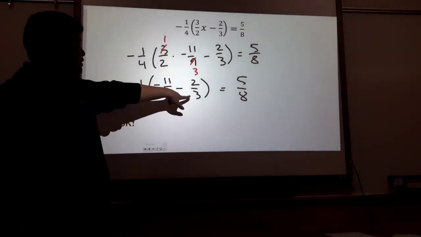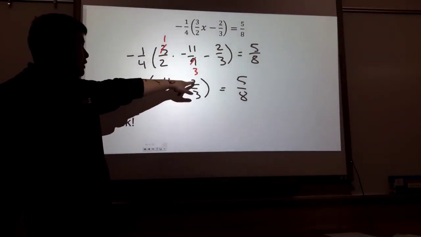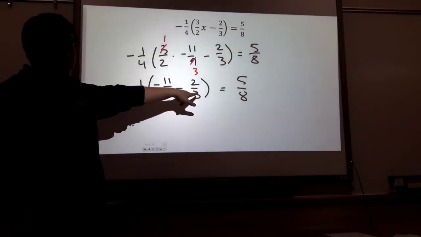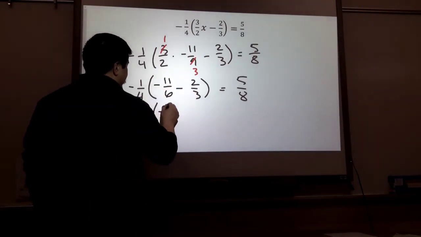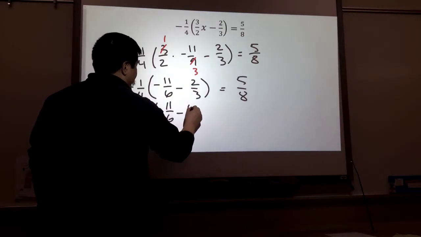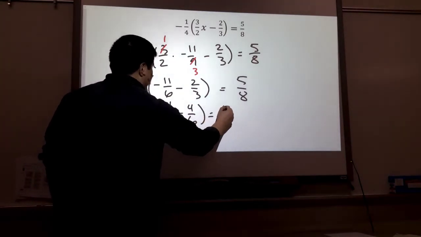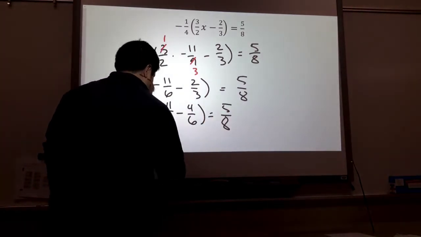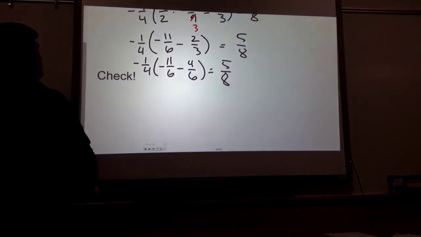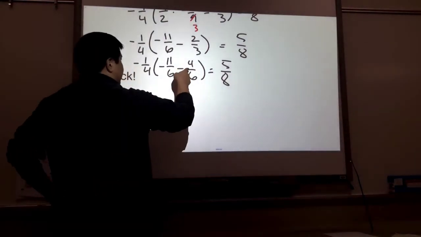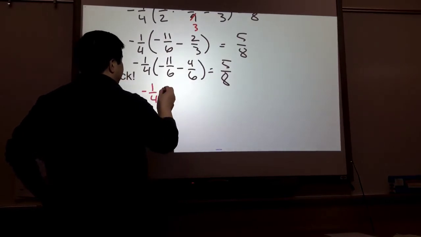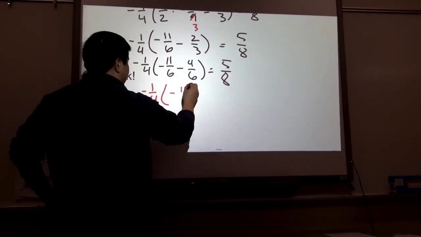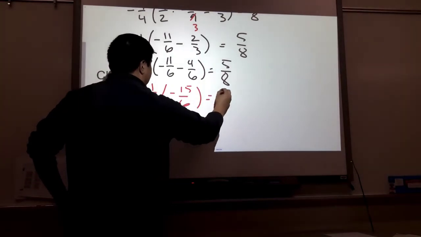We're going to have to combine these two. In order to do that, we need to get this into a common denominator with this, which means we're going to multiply this by 2 over 2. We get negative 1/4 times negative 11/6 minus 4/6 equals 5/8, hopefully. Negative 11 minus 4 is negative 15. Negative 1/4 times negative 15/6 equals 5/8.